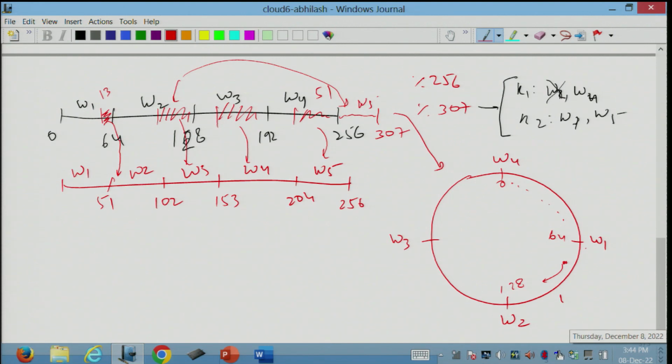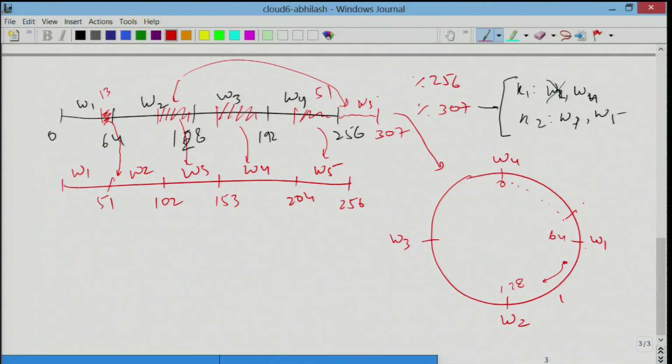So the idea is, instead of creating only 4 partitions, we can create a lot more partitions, right? So let us say here we have W2, here we have W3, then here we have W3, here we have W4, here we have W4, W1.